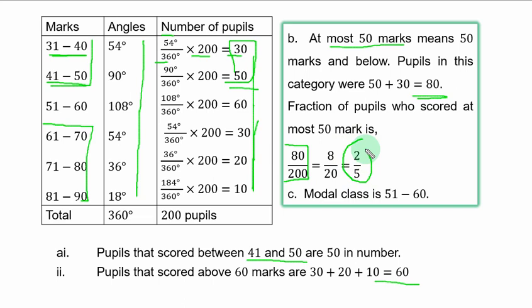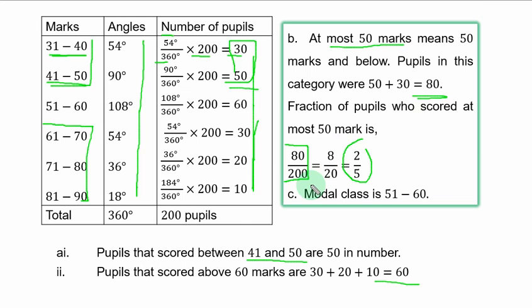B part done, we should find the C part. Let's go back to that question and know what we are asked to do. Question C, we are asked to get the modal mark.